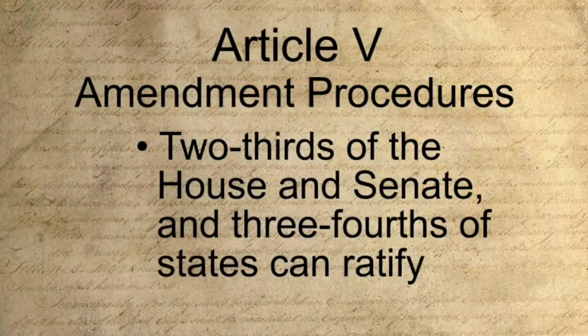So first, let's outline the processes that the Constitution does mention for its own amendment in Article 5. Two-thirds of the House and Senate can get together and agree to propose an amendment, in which case it takes three-quarters of the states to ratify before the amendment is recognized.